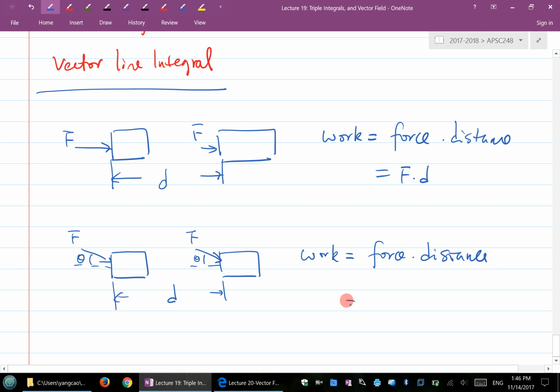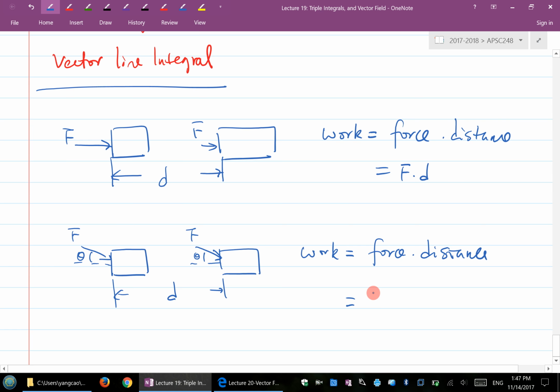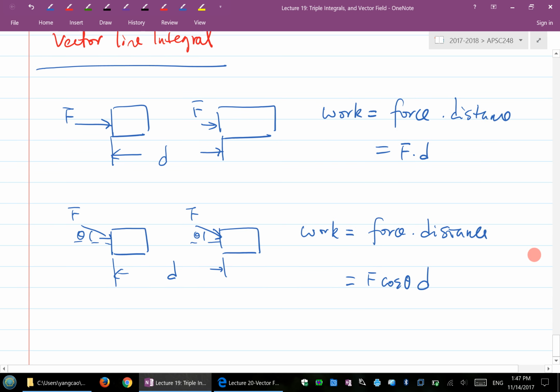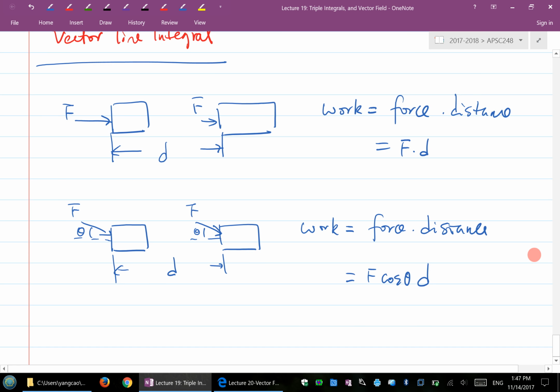But the force here is not a horizontal force, it's an inclined force. So really what you're doing is the force times cosine theta, and then times d. Okay, so those are high school.